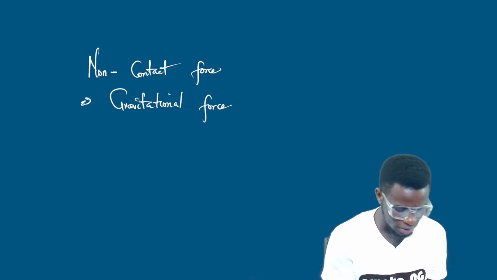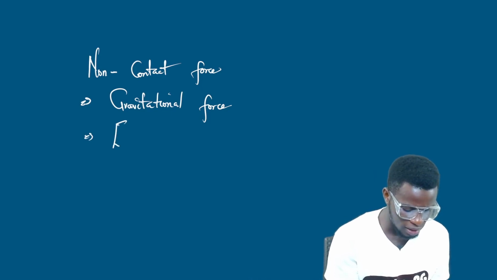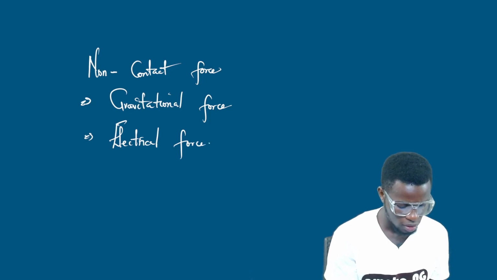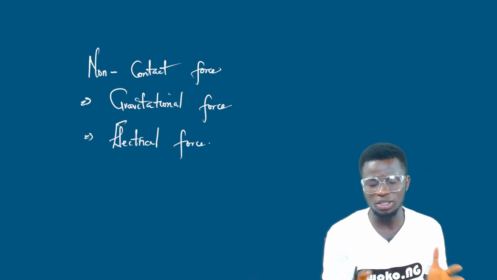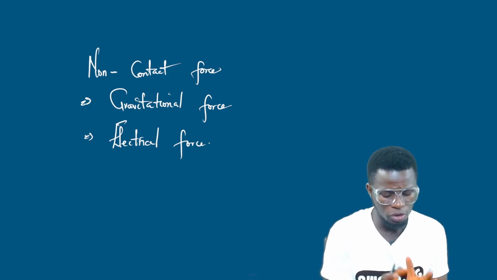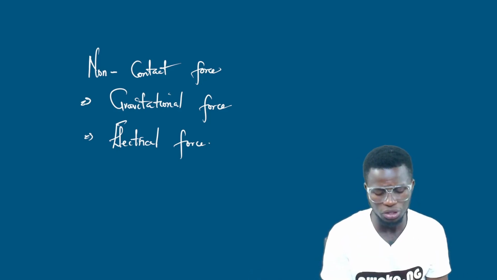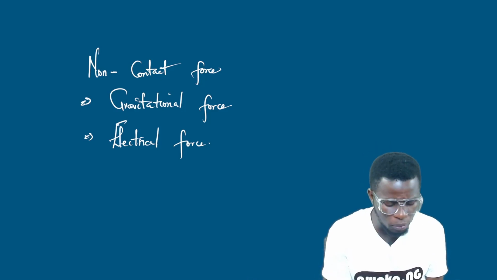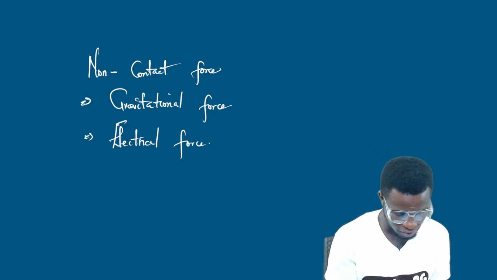Okay. Another example is the electrical force. Electrical force is an interaction of either attractive force or repulsive force between two charged bodies. A common example of electric force is the electric circuit.